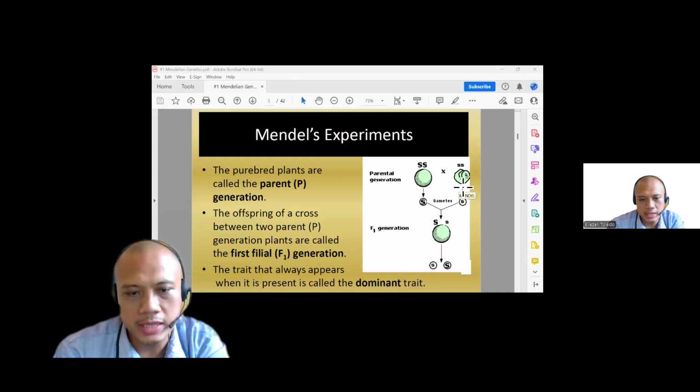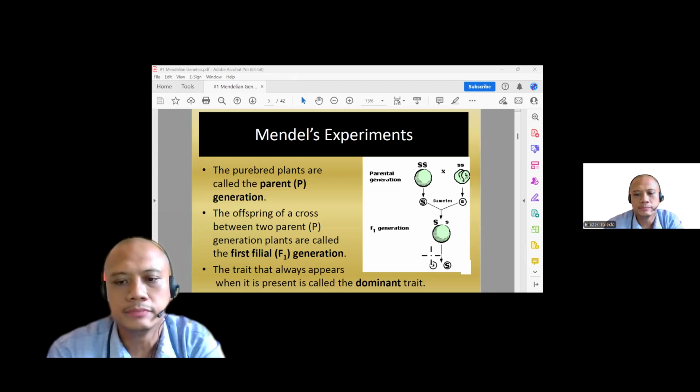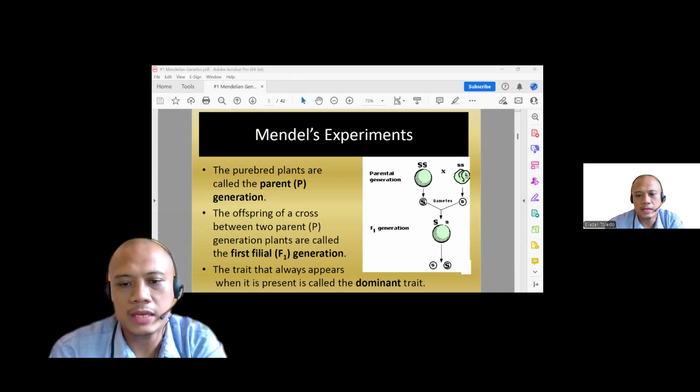The trait that always appears when it is present is called a dominant trait. As defined here, if it is always present, then it is dominant. Now, notice on the drawing that the parents, capital SS crossed with small ss, produce gametes.